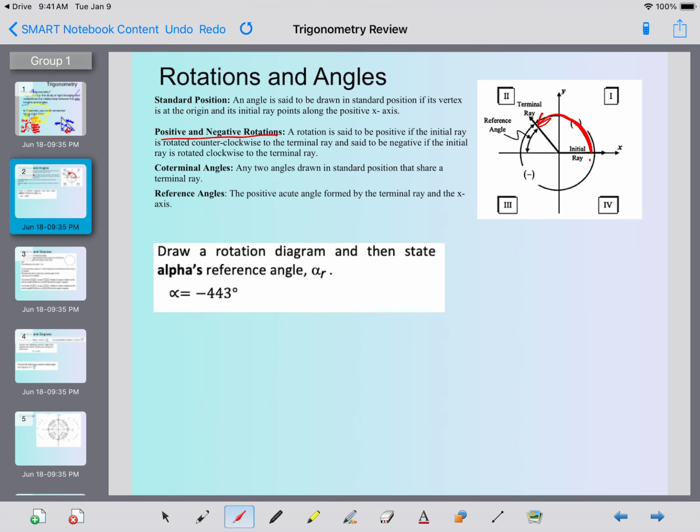A negative angle is going clockwise. So in this case, it shows that it's going counterclockwise, so that would be a positive angle. If it was negative, then it would be going clockwise.